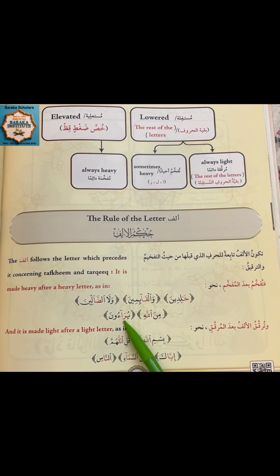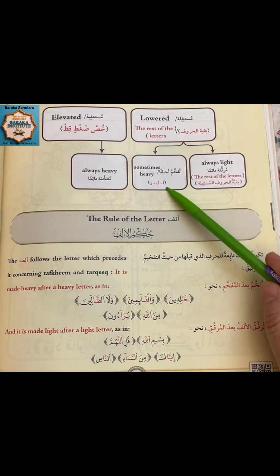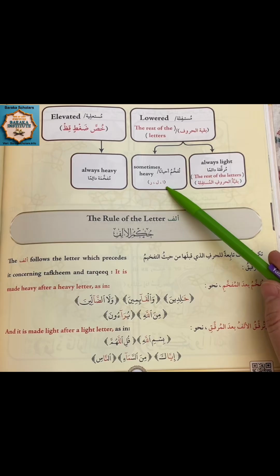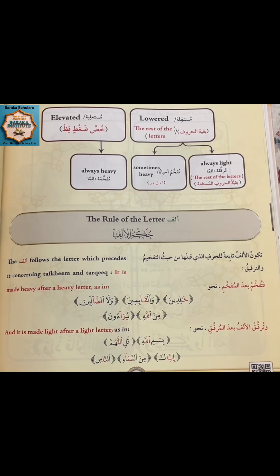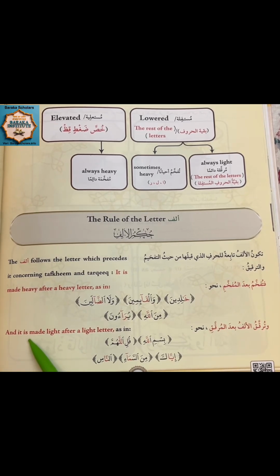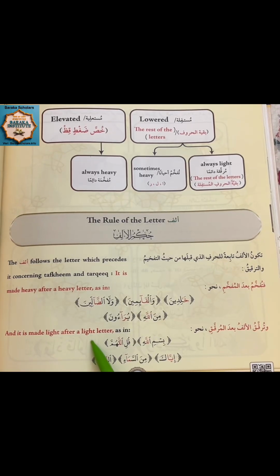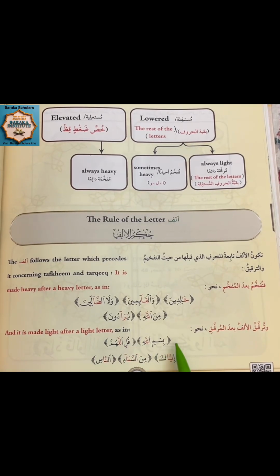Also, we will talk about why it's heavy, because it's one of those three letters that can be either way. Sometimes this, sometimes that. So the alif after it is going to follow. It's going to be yura, yurauna.